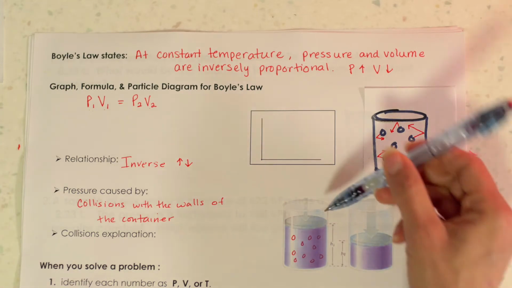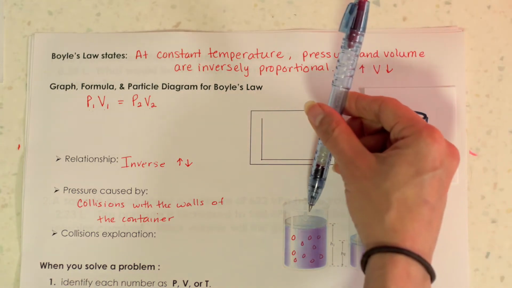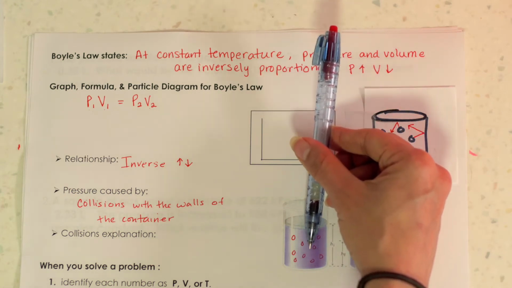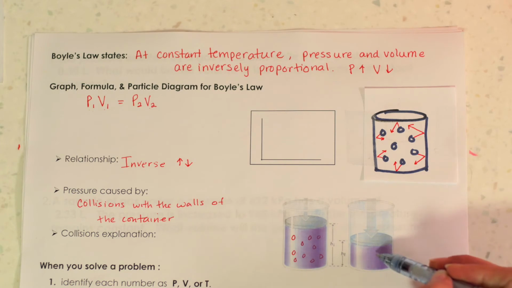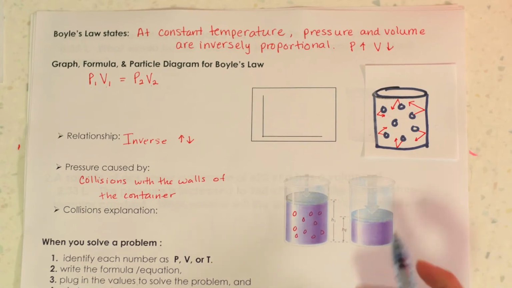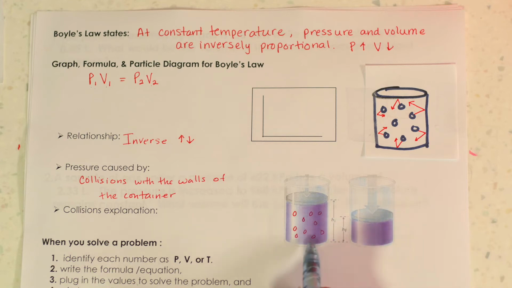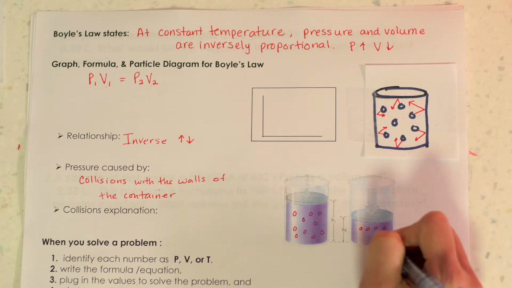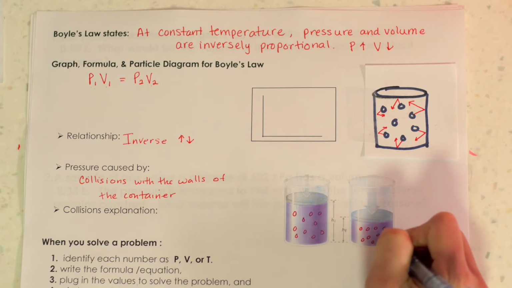If this is one of those pressurized containers where I'm going to use some sort of piston to push this down, I'm decreasing my volume, making it smaller. I'm not going to change the temperature, and I'm not going to change the number of particles. So temperature and number of particles are staying constant. Now I have these 10 particles in closer proximity to each other.